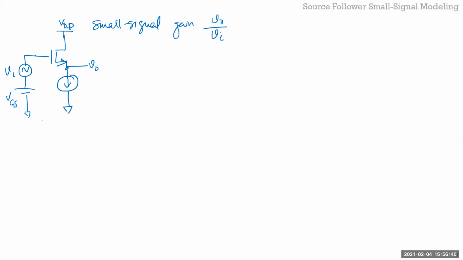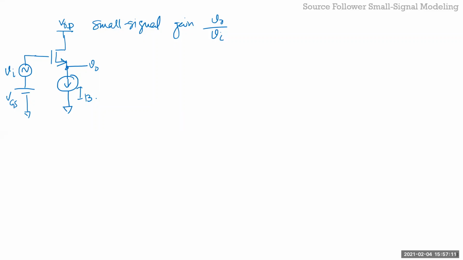Okay, so same three steps, right? DC operating point, and the DC operating point here is actually given to you. You're forcing some I bias current to it, and your VGS is whatever the VGS is. Once you find the DC operating point, make all independent sources 0. How many independent sources are here? 3, right?